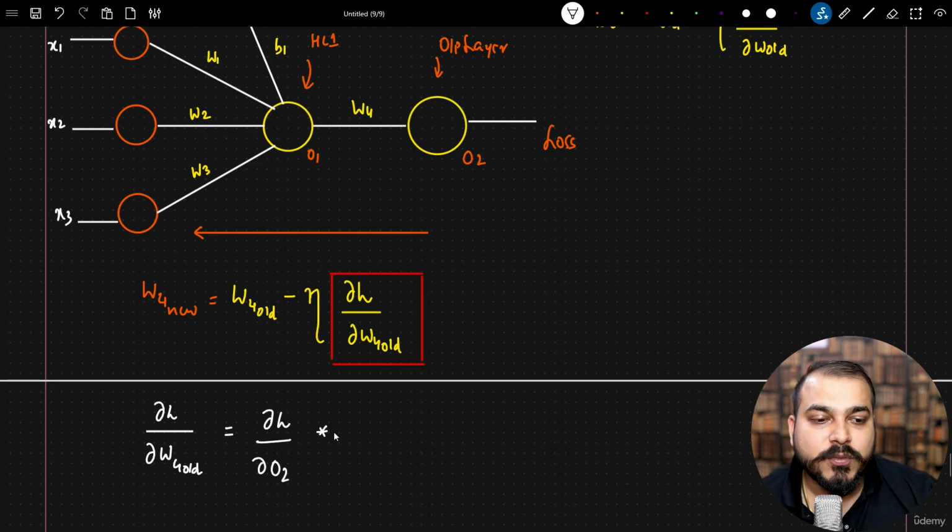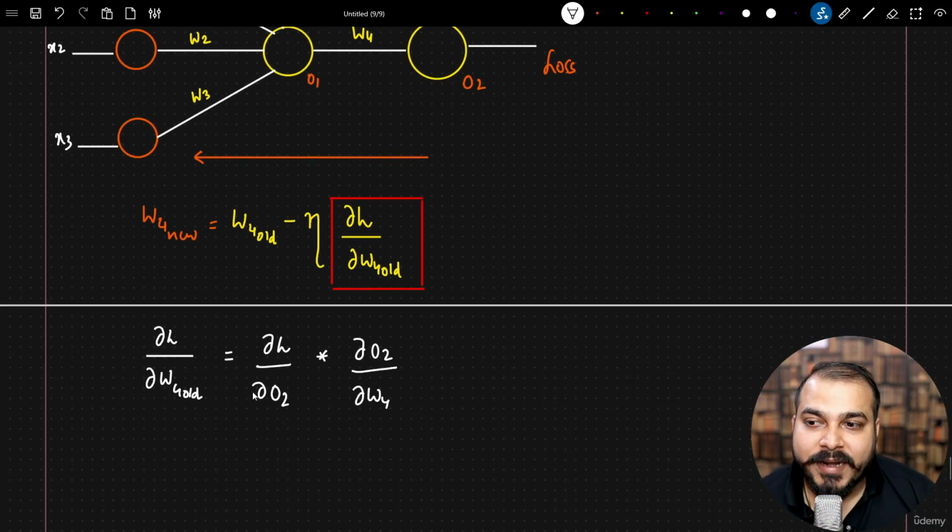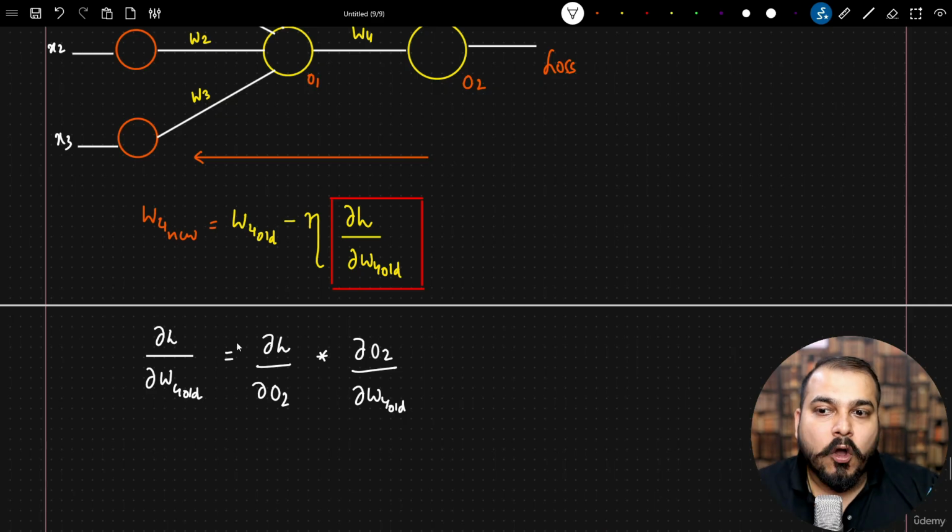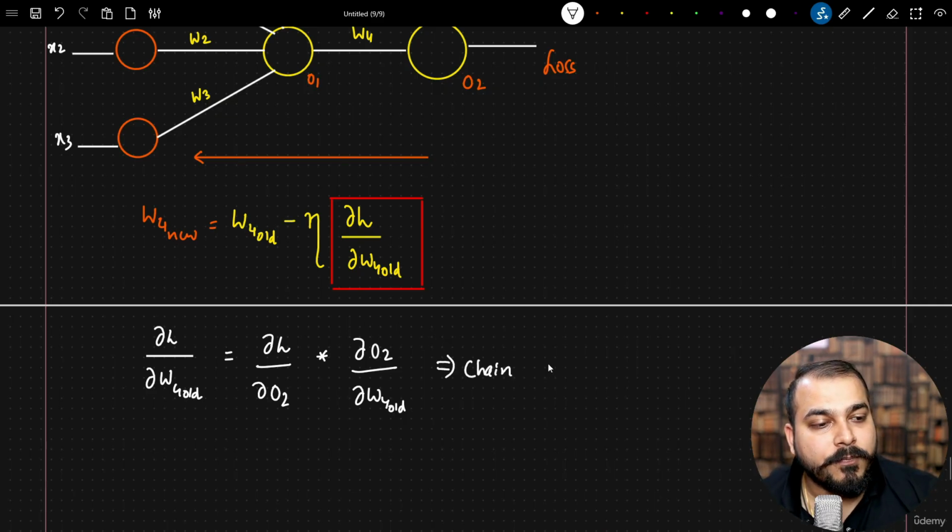So here we can split this equation with derivative of O2 with respect to derivative of W4. Once we write like this, you'll see that the same derivative has been expanded this way. And at the end of the day, if I cancel out this two, it is going to remain the same thing, derivative of W4 old. So this splitting of the derivative is basically called chain rule. Chain rule of derivatives.